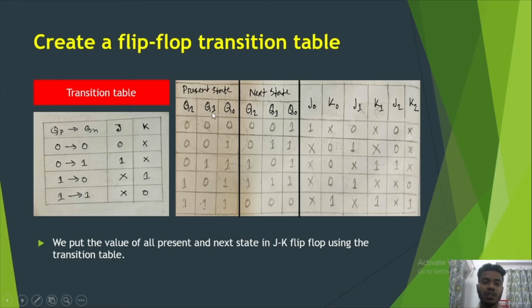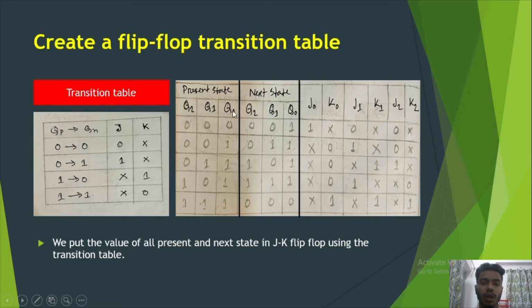For each state Q0, Q1, Q2, we will have J and K values separately. For Q0 we will get J0, K0. For Q1 we will get J1, K1. For Q2 we will get J2, K2. When the present state of Q0 is 0 and the next state is 1, from the transition table we can see that the value of J0 is 1 and the value of K0 is don't care.